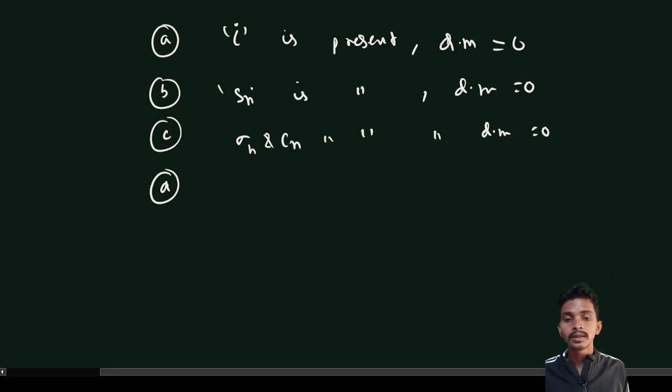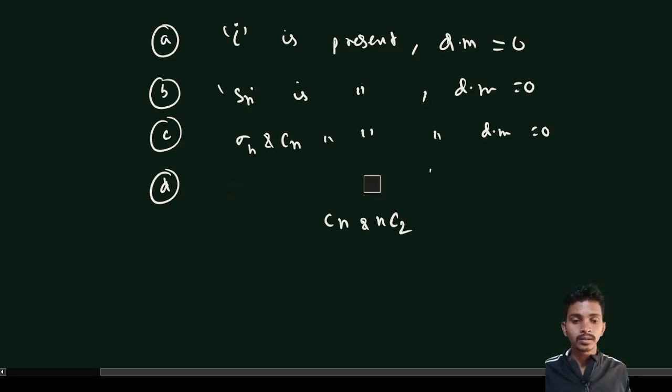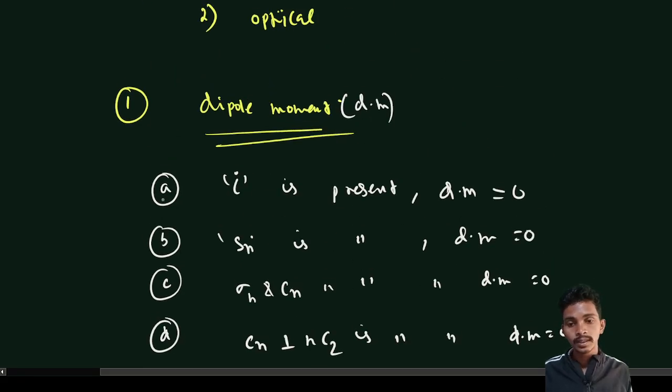Or if there is more than one Cn axis, that is, Cn perpendicular to nC2 is present, then the dipole moment is equal to 0.